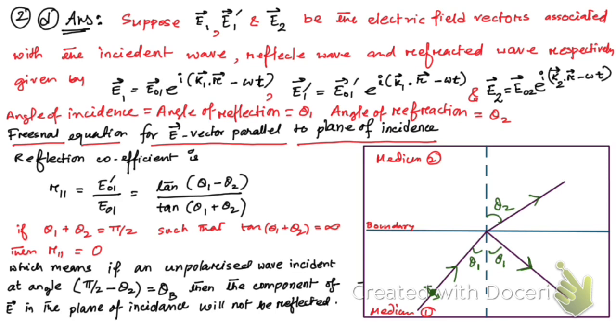Here you see, let me consider E1 is the electric field vector associated with the incident wave, E1 is associated with the reflected wave, and E2 is associated with the refracted wave respectively, and these three are expressed in this form, right?